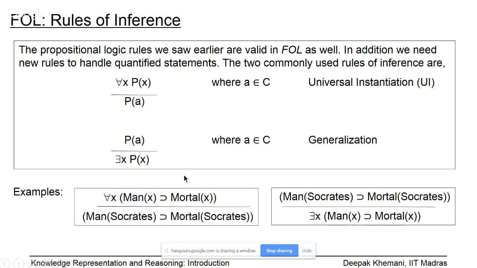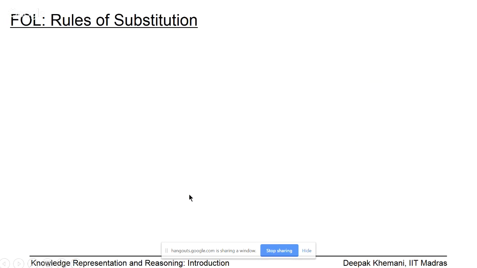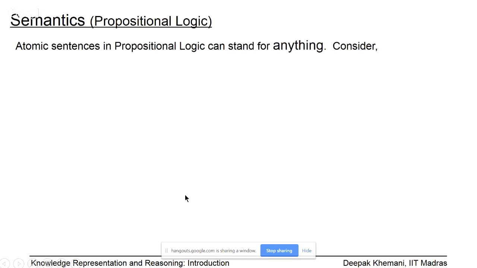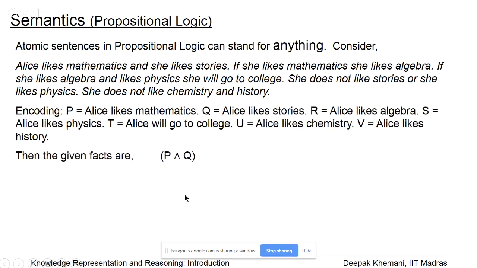We used it in the Socratic argument. Essentially, we said that for all x, man x implies mortal x, and we could therefore infer man Socrates implies mortal Socrates. Then, given the fact that man Socrates is given to us, we could apply modus ponens. Okay, so we had rules of substitution and so on.